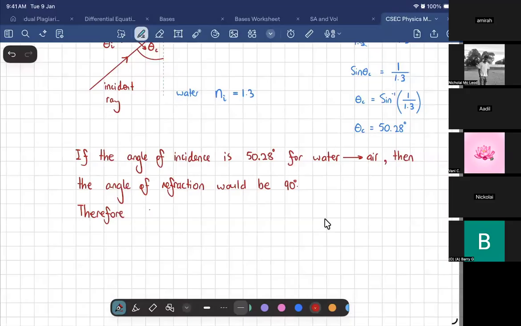Therefore, 50.28 degrees is the critical angle.